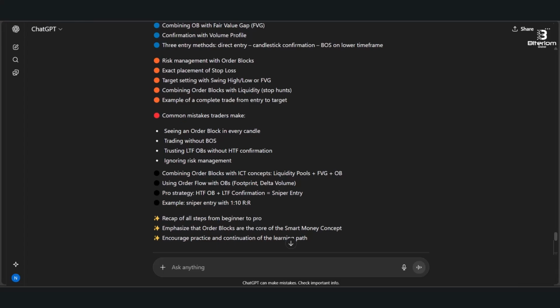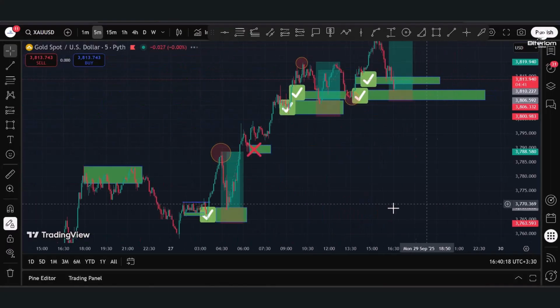Trading without a break of structure, meaning without confirmation, is risky. It's saying, if you see a break of structure or a change of character, it's better to enter than just opening trades randomly, trusting a lower time frame block without confirmation from a higher time frame. What does that mean? It means that lower time frame blocks are less reliable than higher time frames.